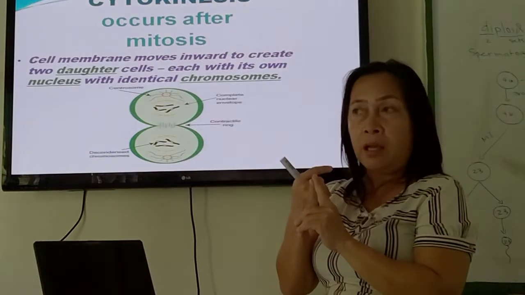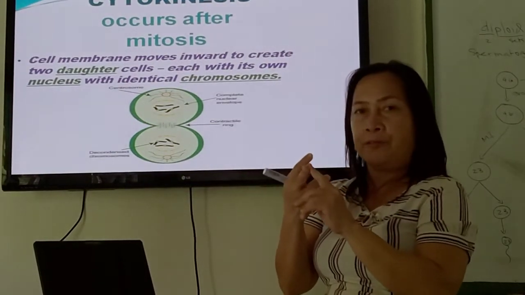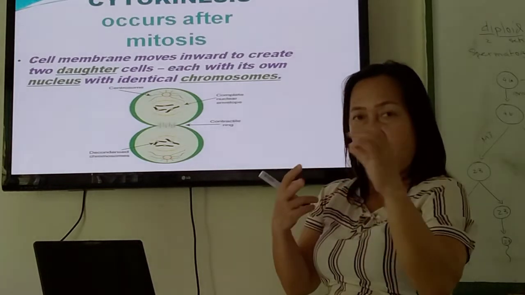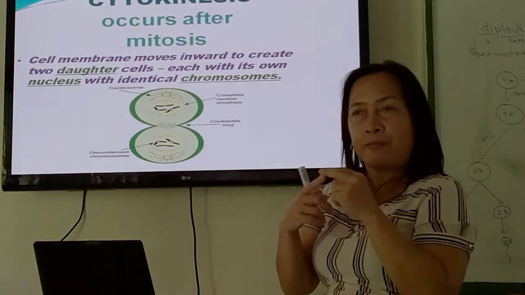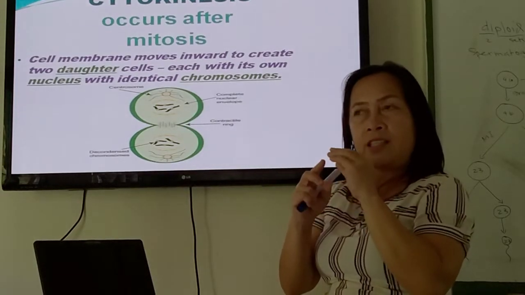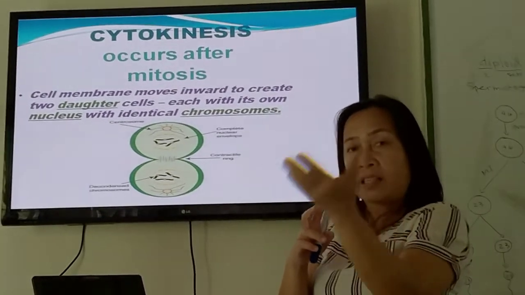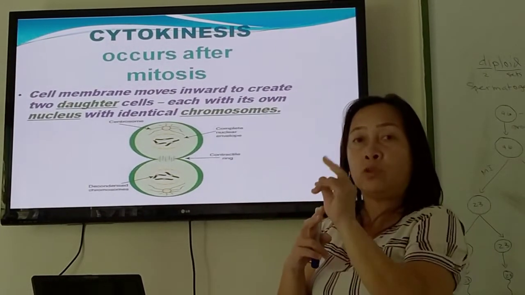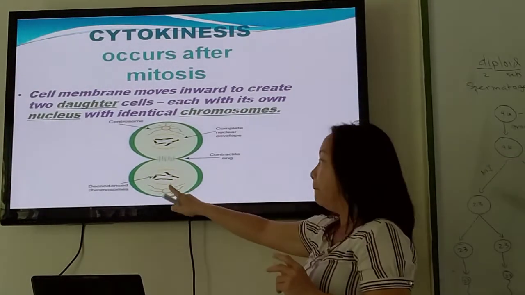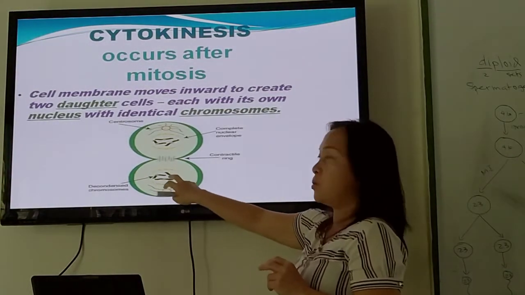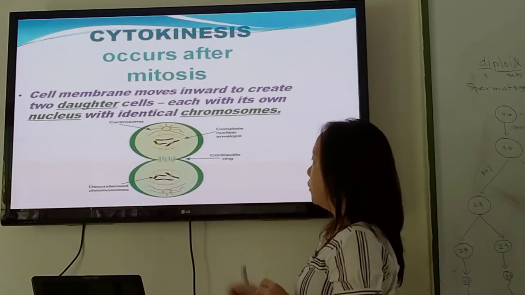The mother cell is diploid. When it reaches anaphase, the sister chromatids separate. And when it reaches telophase, two cells are formed and the sister chromatids completely separate. And then each cell now consists of two sets still, 46 chromosomes each, but single-stranded. Okay?